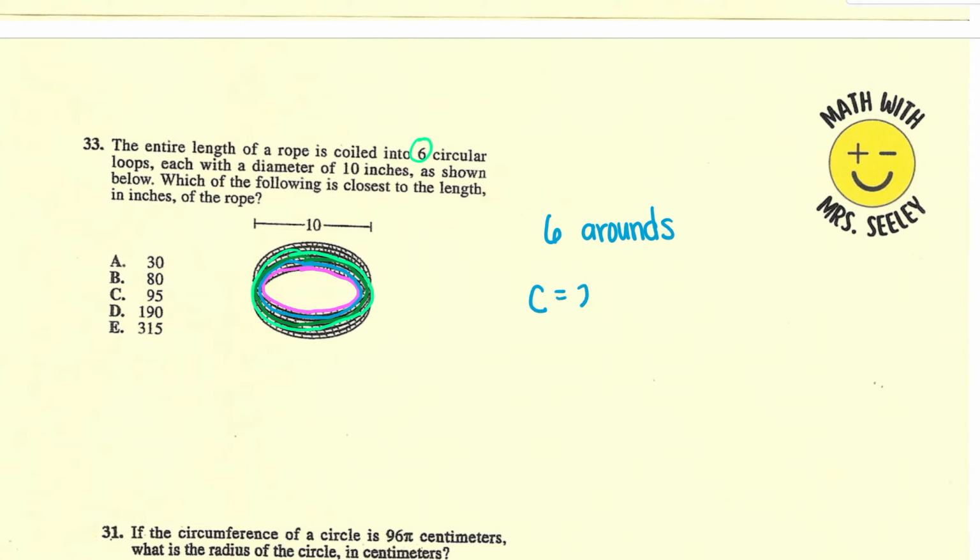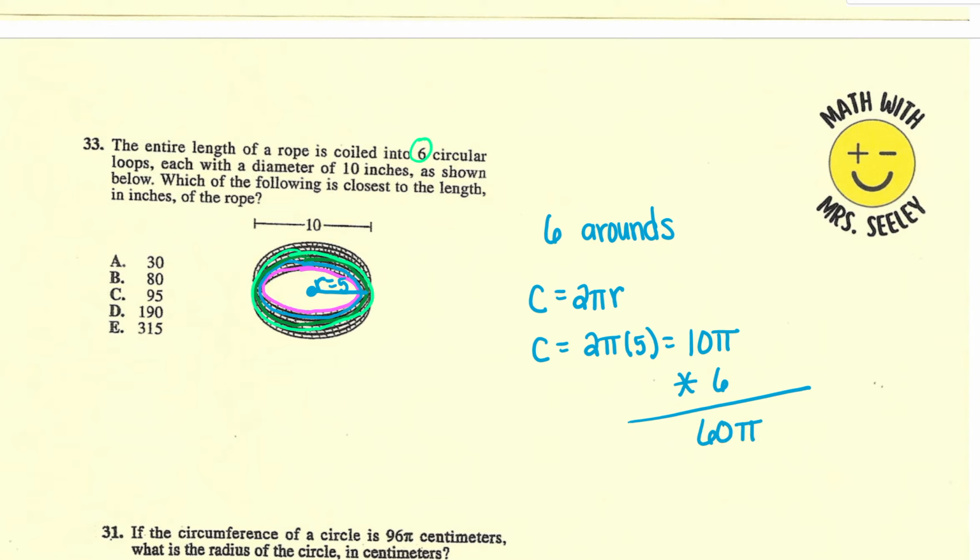So if circumference is 2 pi r, and the diameter is 10, then this radius is 5. So the circumference of one of the ropes is 2 times pi times 5, which is 10 pi. But we said there are 6 of them, so multiply that by 6 and we get 60 pi. Now here's the deal. The answer is not in pi form like the last two have been. It's a number.